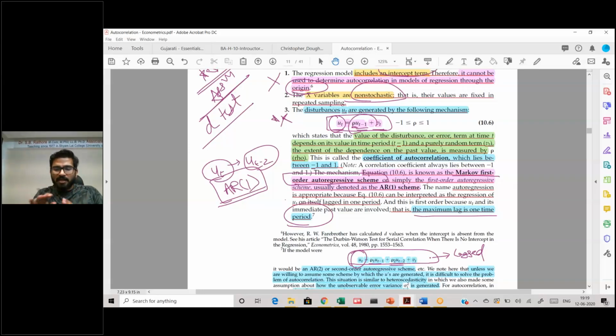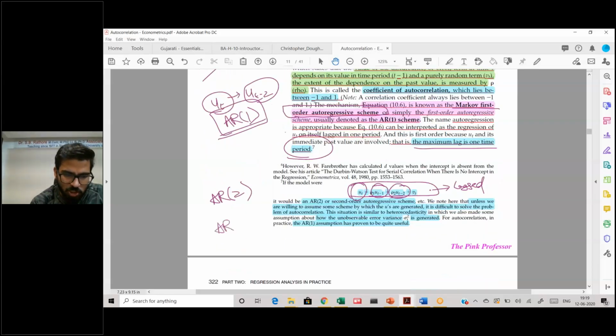How many periods it is impacting is what gives the different AR. So if there are two different lags, that is called AR2. If you extend this till period Q, the generalized version is called ARQ. This is an important thing that you need to understand, what AR1, AR2 till ARQ is. However, we will be dealing with AR1 in this particular course.